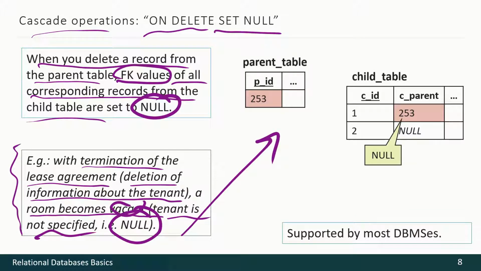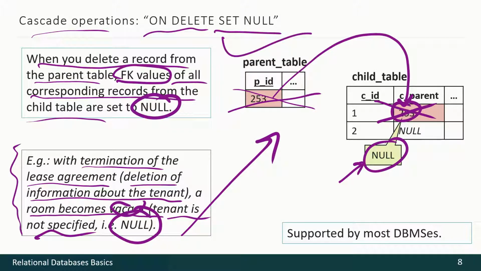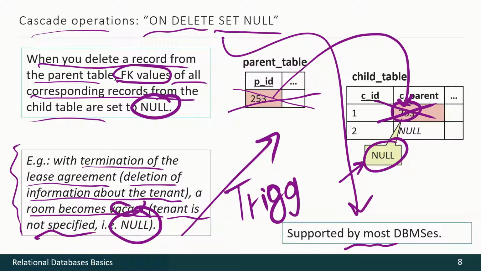This is how it looks. If we, for instance, delete these records, the DBMS should find all those values and set them to null. This operation is also supported by most DBMSs, or you may use triggers to emulate that operation in case your DBMS does not support it.